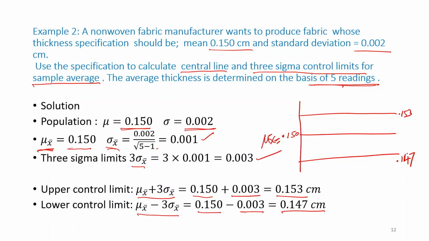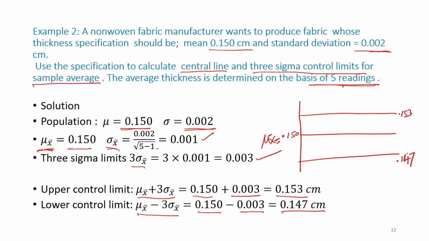For the population, the value is 0.150, but if I multiply the standard deviation 0.002 to get the 3 sigma limits, it will be 0.006.